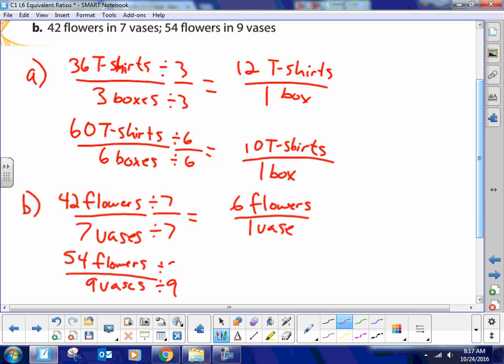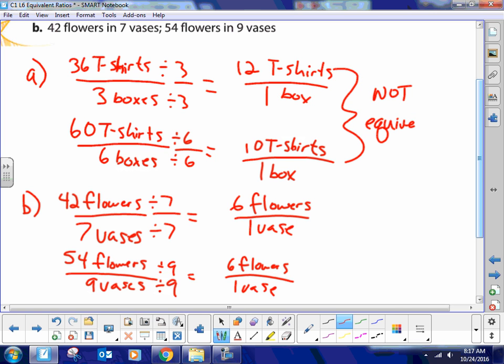And 54 divided by 9 is 6 flowers in 1 vase. These are equivalent. I will write here equivalent. I think I spelled equivalent wrong. I think there's an A there. Yep, there is. And these are equivalent.